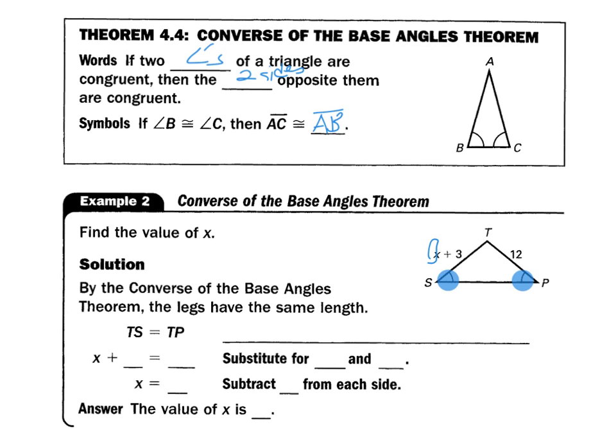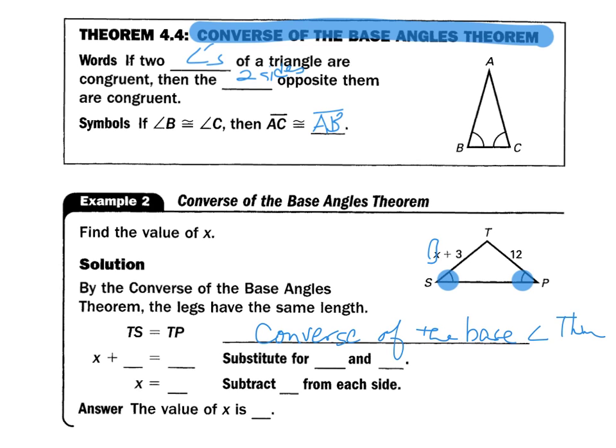So by the converse of the base angle theorem, which we just learned, which says if two angles are congruent, their opposite sides are congruent, the reason to write here is converse of the base angle theorem.